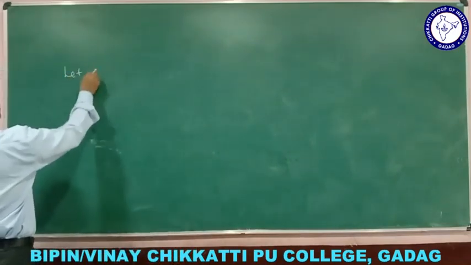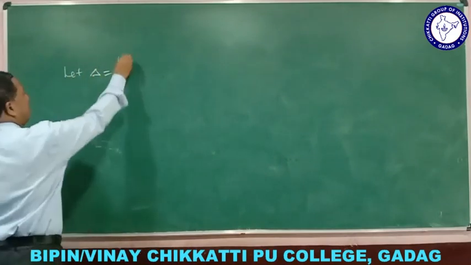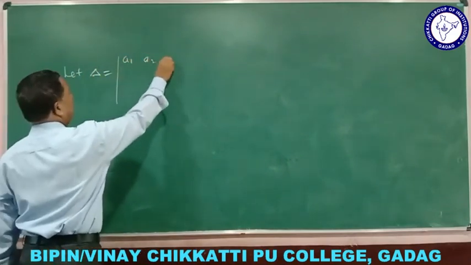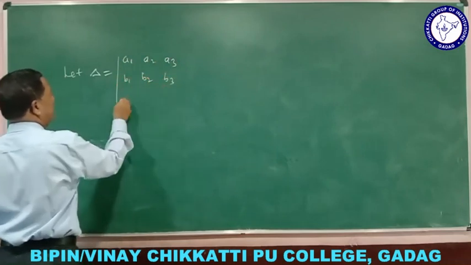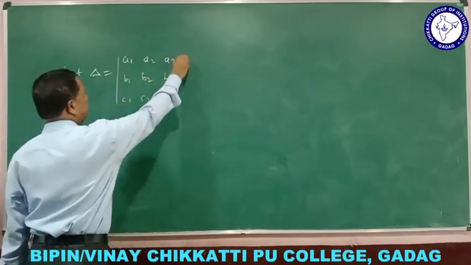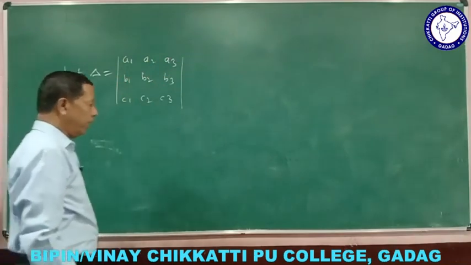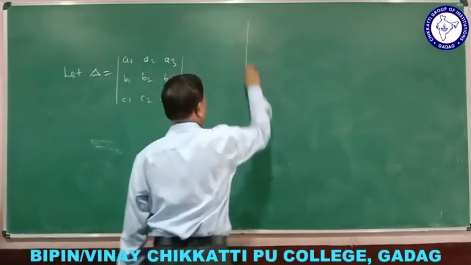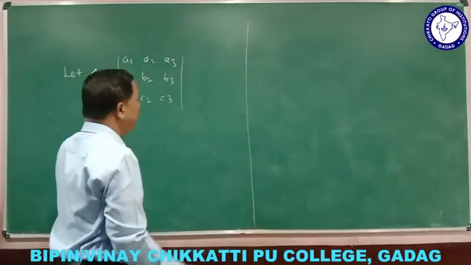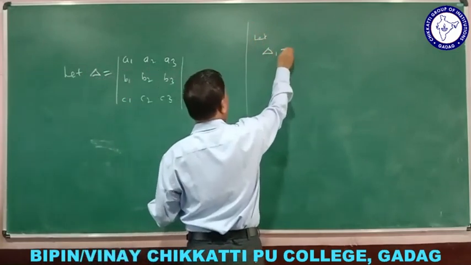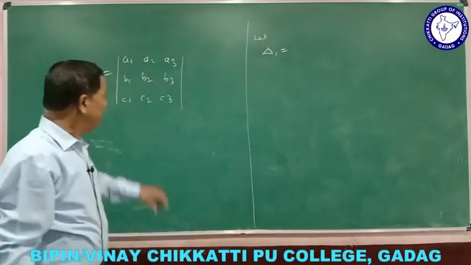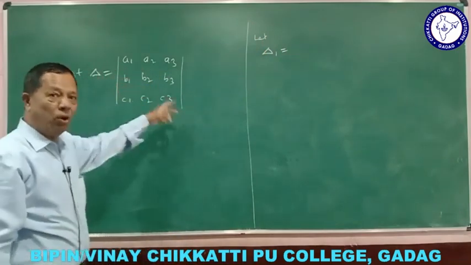Let delta equal to, same example, A1, A2, A3, B1, B2, B3, C1, C2, C3. And let here delta 1, if I write, is it not? Here we have to change only two rows or two columns.